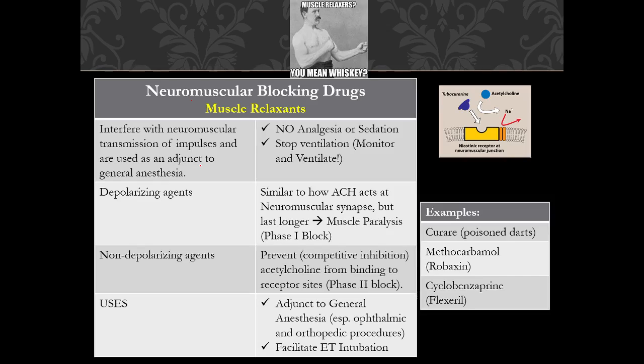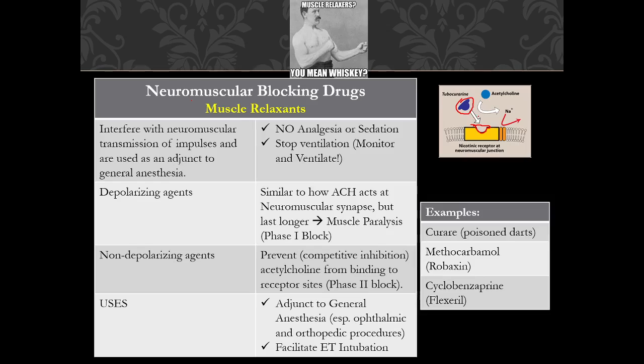Okay, so this is an example of acetylcholine coming into this nicotinic receptor at the neuromuscular junction, and it's trying to cause an effect here and open up those sodium channels so we can get some contraction here. But now we have tubocurarine, which comes in and blocks it.